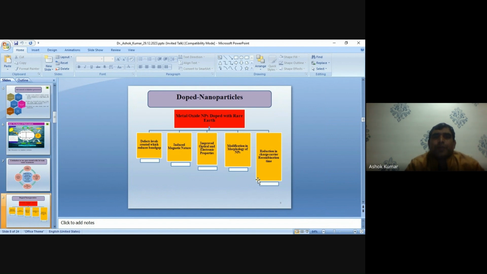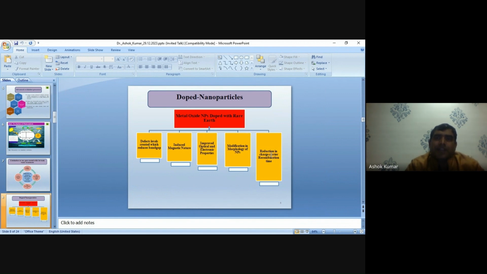So in order to improve their efficiency, what we do is dope these metal oxides. For example, I have taken the case of SnO2. We have doped the SnO2 with rare earth elements. By doping rare earth elements in the metal oxides, there is creation of defect levels, which reduce the energy band gap.